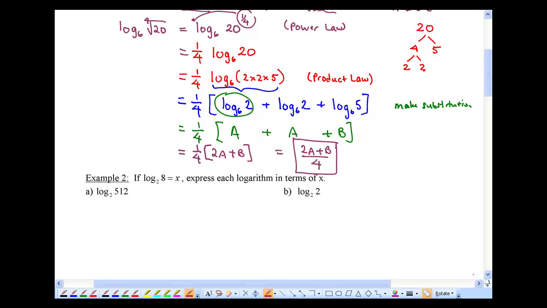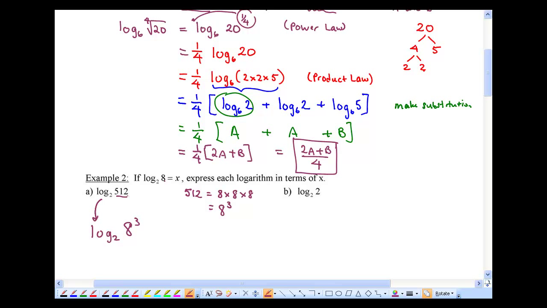So what can we do? Well, once again, how about trying to figure out 512 and write this in terms of an 8? Some of you might know right away that that's just 8 times 8 times 8. That's great, because that just means that log base 2 of 512 is the same thing as log base 2 of 8 cubed.